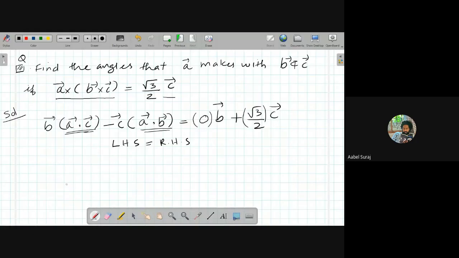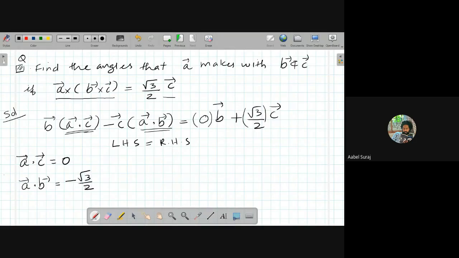You get the coefficient of B as A dot C equal to 0. Yes, if you compare this, you get A dot C as 0. Then what will be A dot B? A dot B is equal to minus root 3 by 2, right?